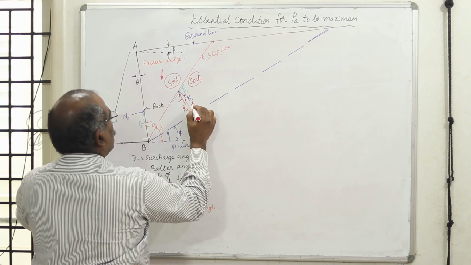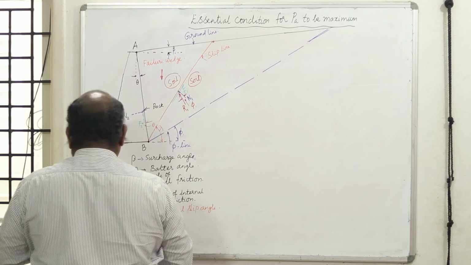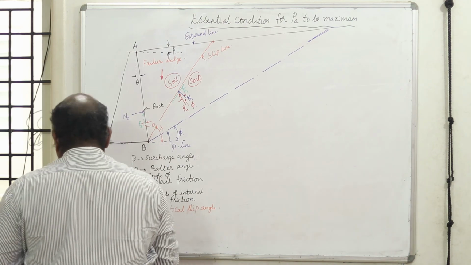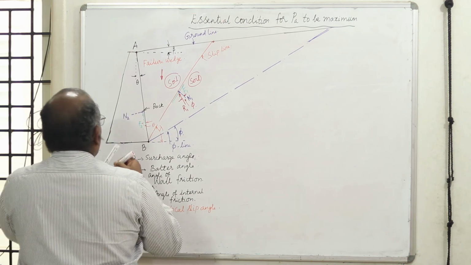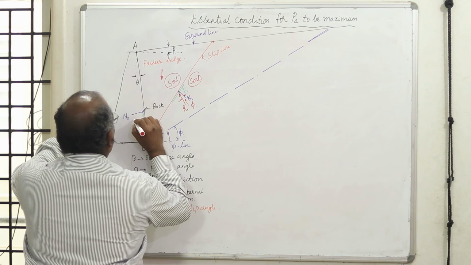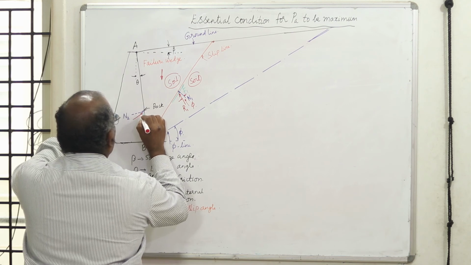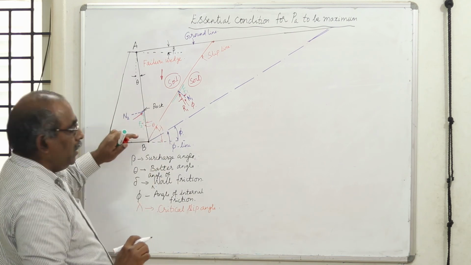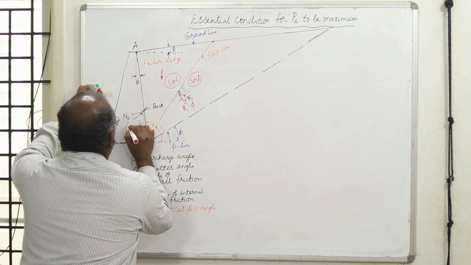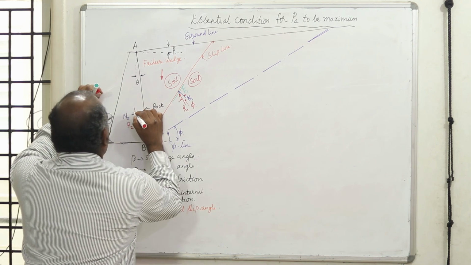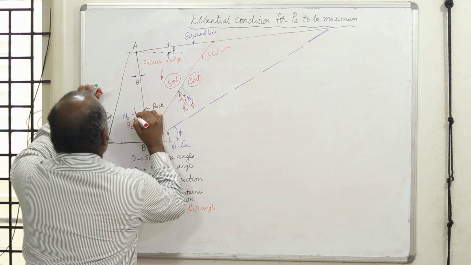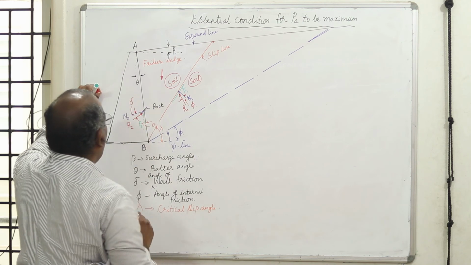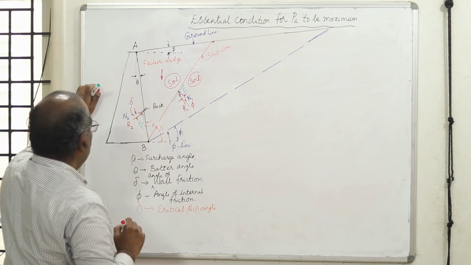Therefore soil to soil friction, the angle will be phi. Now at this position you will have a resultant of the normal reaction and the frictional force. This is R2, but this will be inclined. This inclination will be delta. This is the angle of wall friction.